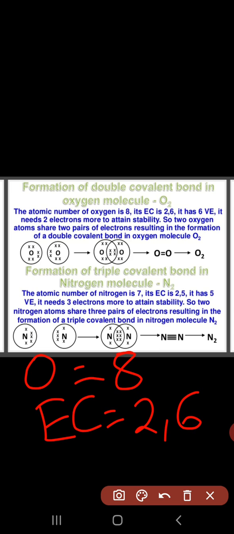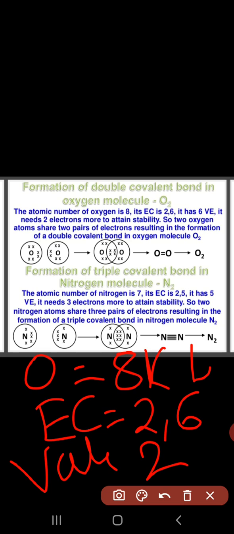In the K shell there are 2 electrons, and in the L shell there are 6. It has 6 valence electrons. So what will its valency be? The valency of oxygen is 2. That is, it requires 2 electrons for stability.